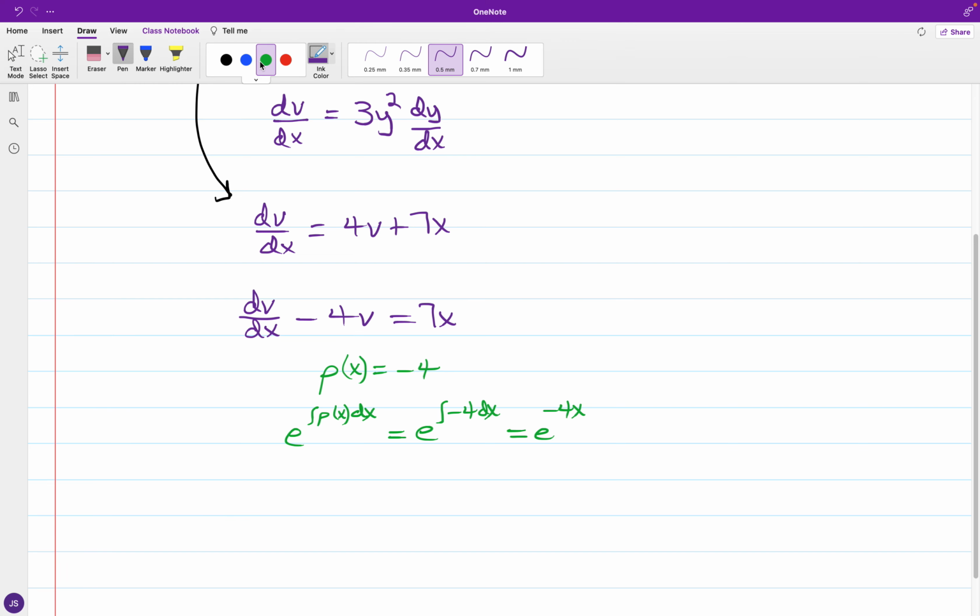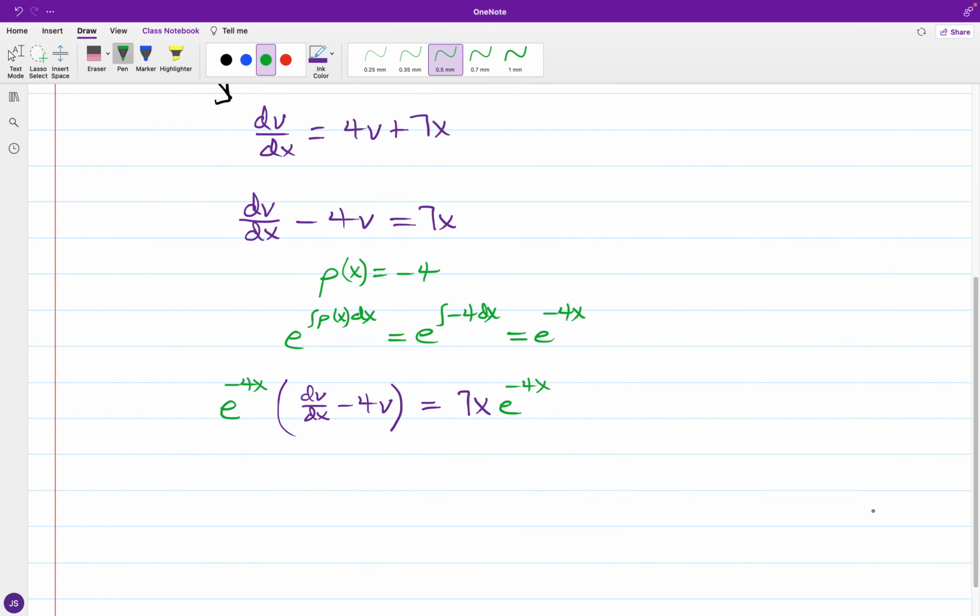So upon multiplying the terms out by e to the negative 4x, on the right we're now going to have 7x times e to the negative 4x, and the left-hand side of the equation is going to be the product rule expansion of multiplying the integrating factor, e to the negative 4x, times the dependent variable, which we have with the substitution v.